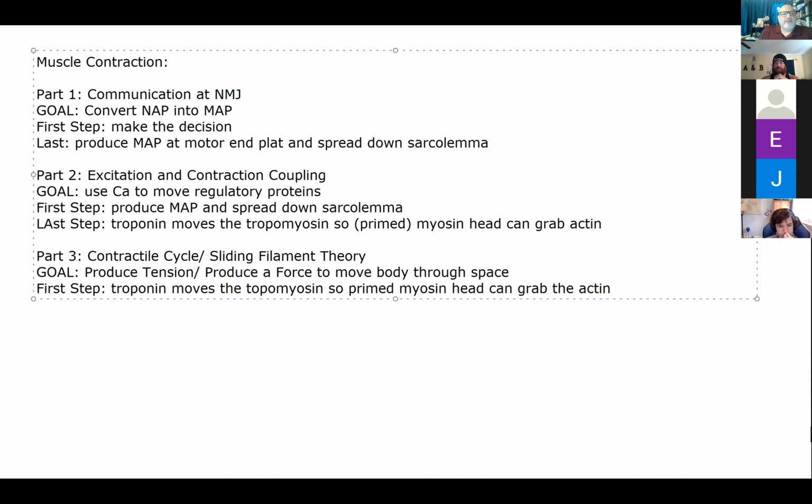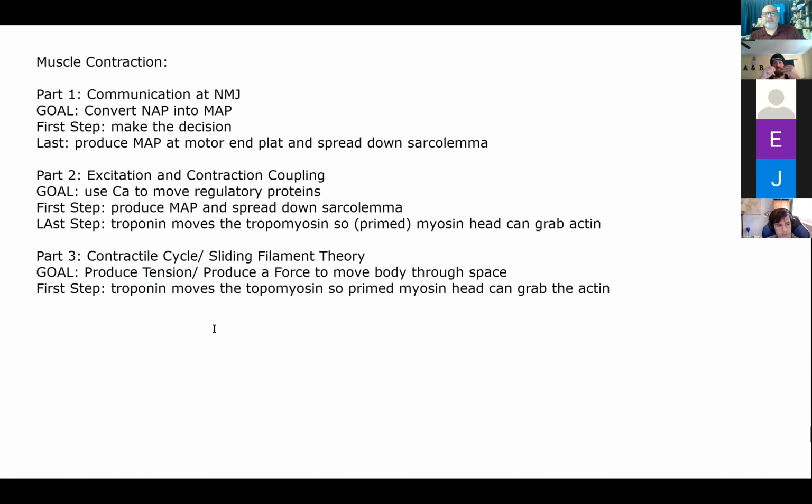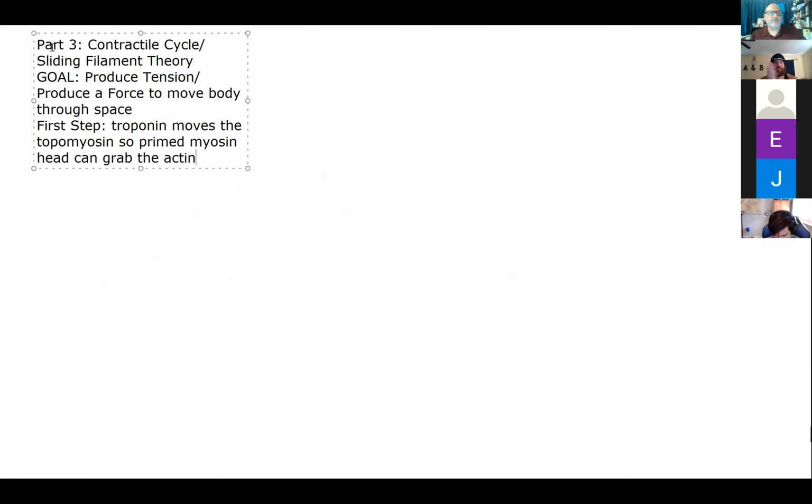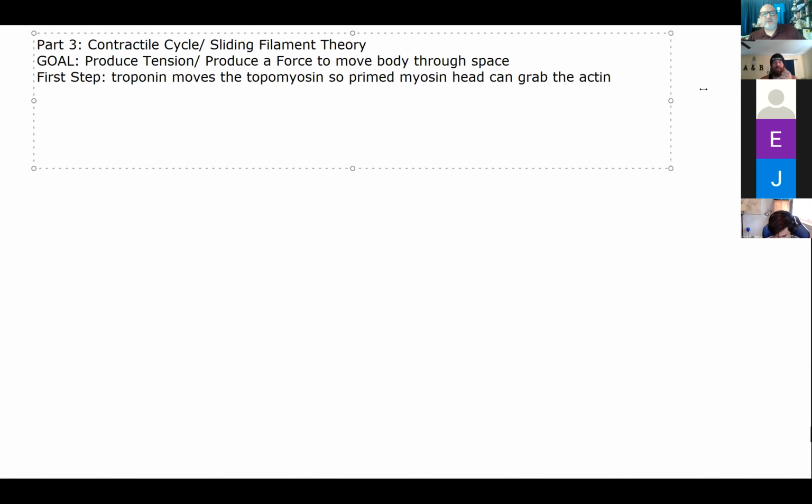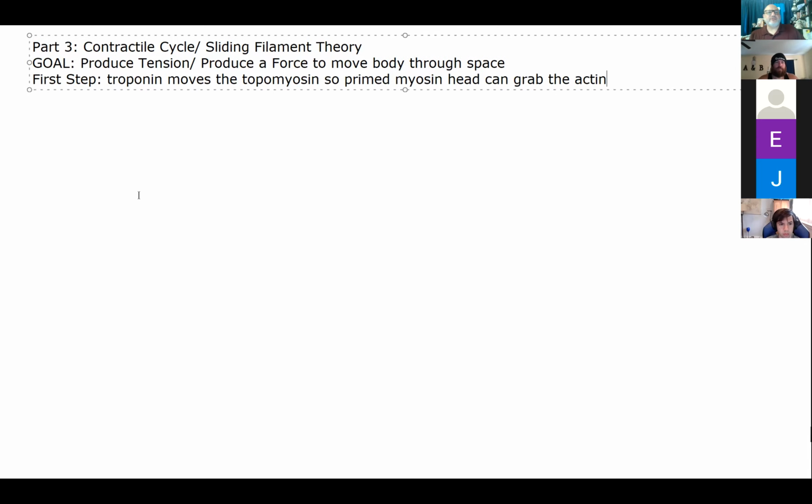Perfect. So that is where we are at now. I keep beating this dead horse so that we can hopefully make some sense of all of this. Let's go ahead then and start on step 3, which we know is the contractile cycle. Our goal is to produce tension, force. We know all of that.